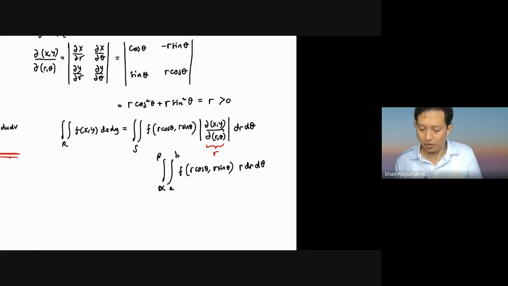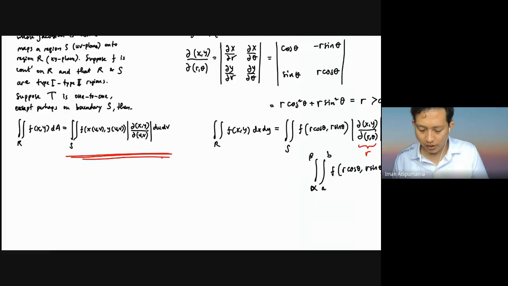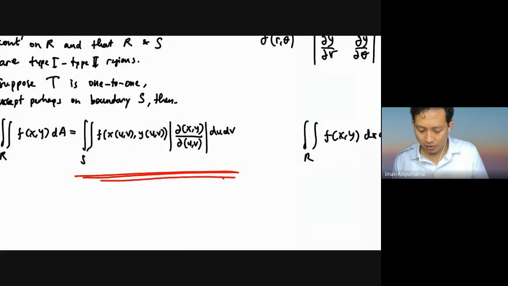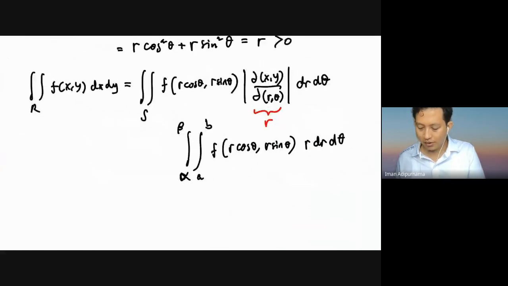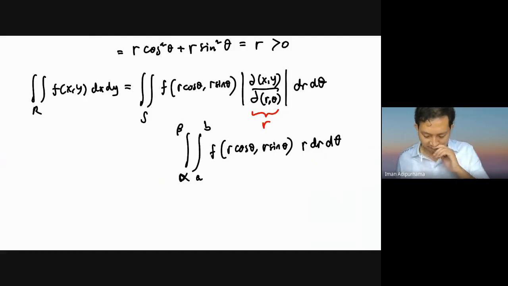For example, we are going to use u and v, right? In the usual case we usually write u and v, but actually it can be any variables that you can write. Okay, so this is the Jacobian for the double integral.